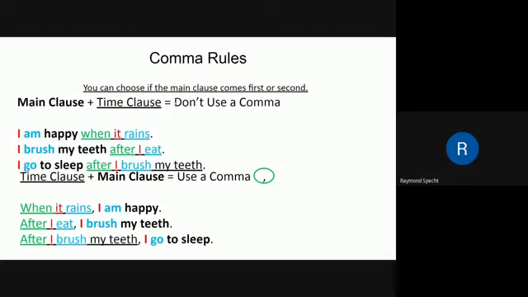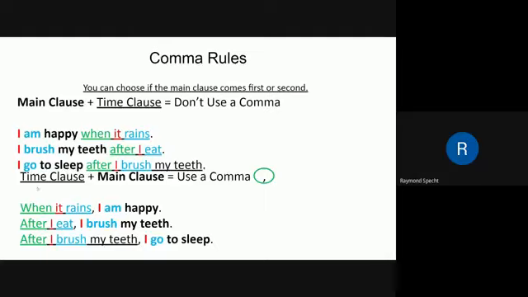Dependent clause, after I eat, no comma. I go to sleep after I brush my teeth. I go to sleep is our main clause. It comes first, so we don't put a comma here. After I brush my teeth, dependent clause, it's got our time clause word there.